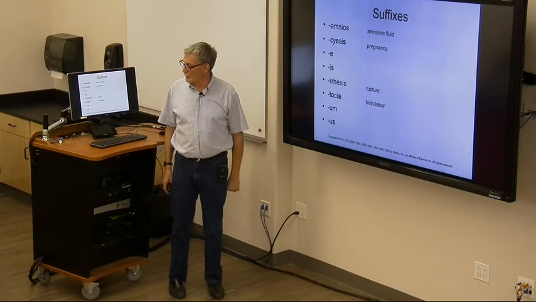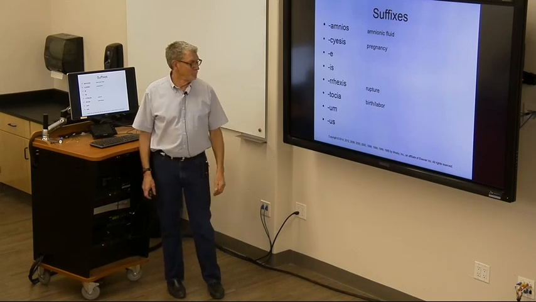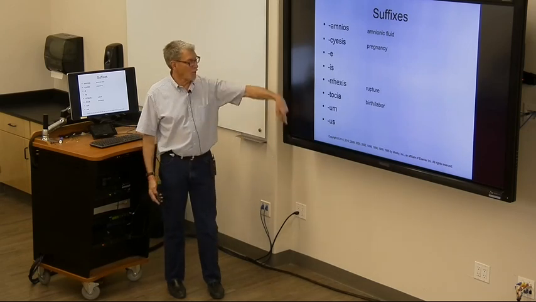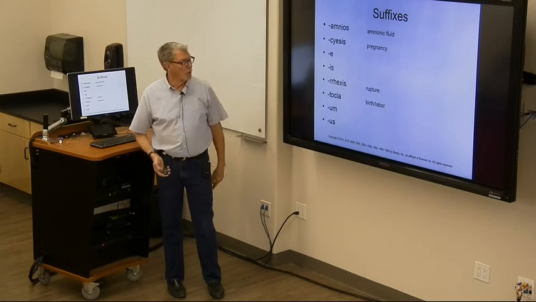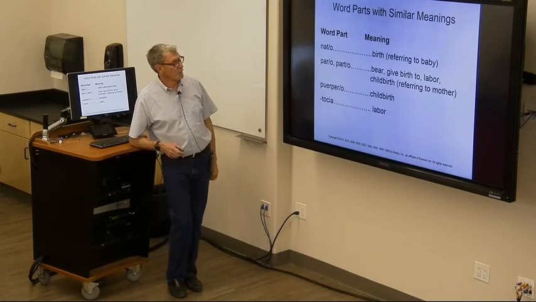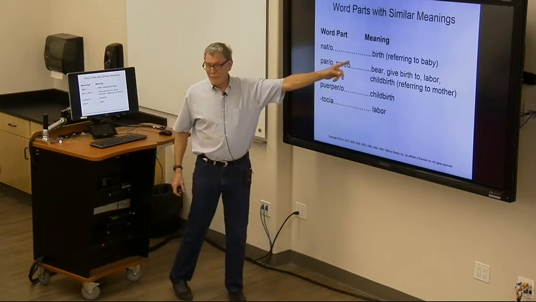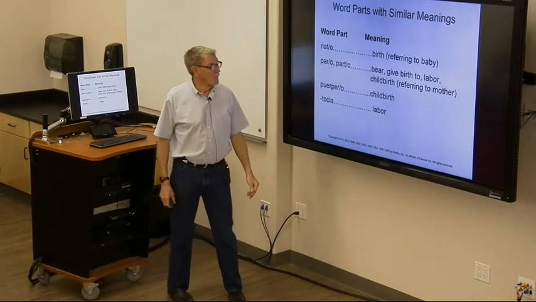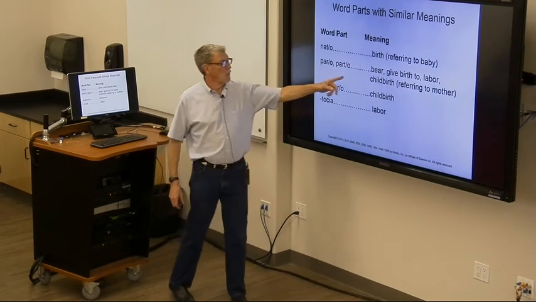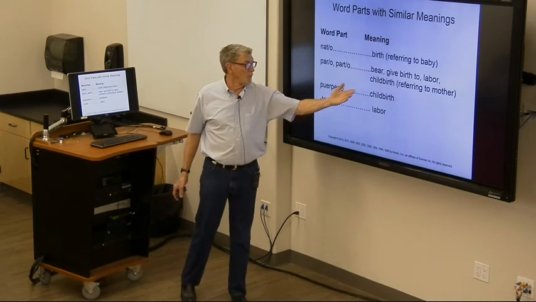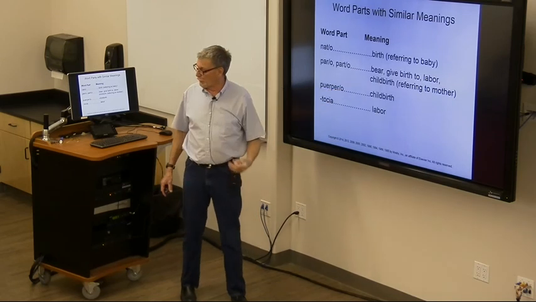Kind of referring to partum. Us, another suffix meaning relating to. So here we have nato, referring to the baby. Partum is the birth term, primarily referring to the mother.